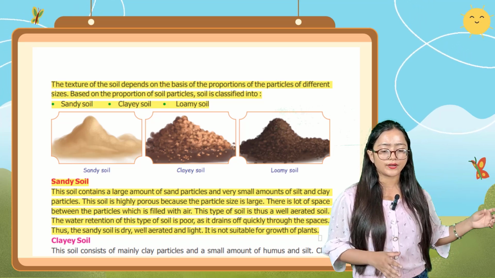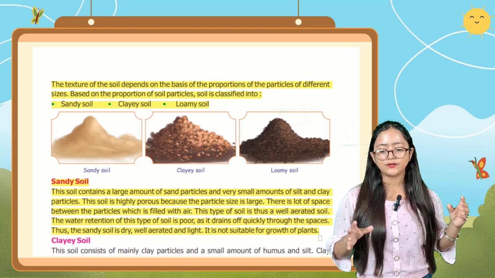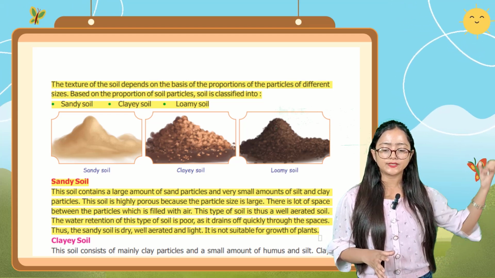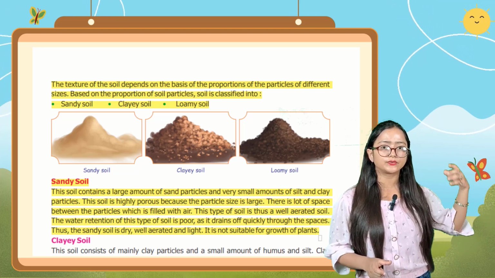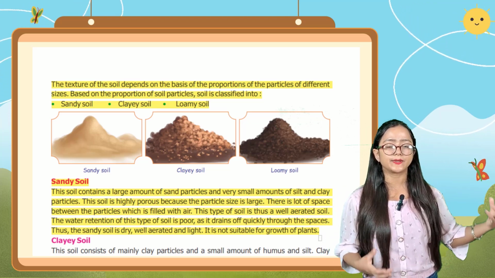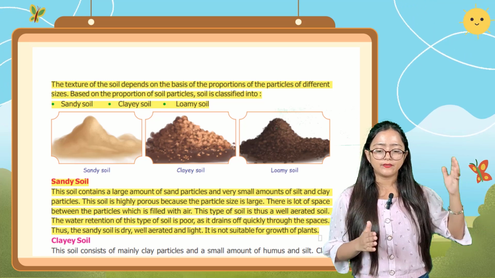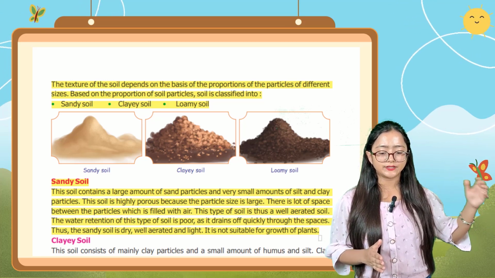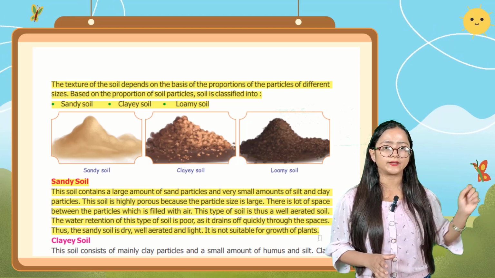This type of soil is thus well aerated. The water retention of this type of soil is poor as it drains off quickly through the spaces. Thus the sandy soil is dry, well aerated and light. It is not suitable for growth of plants.